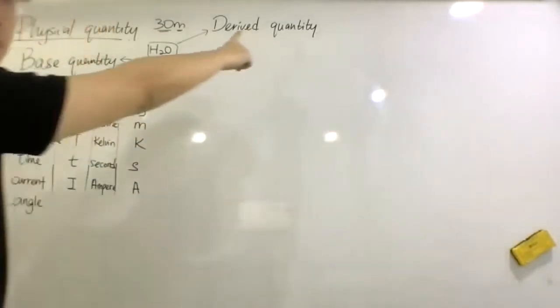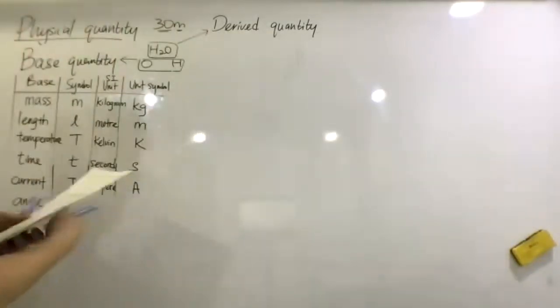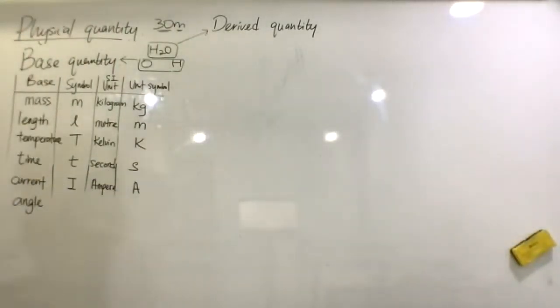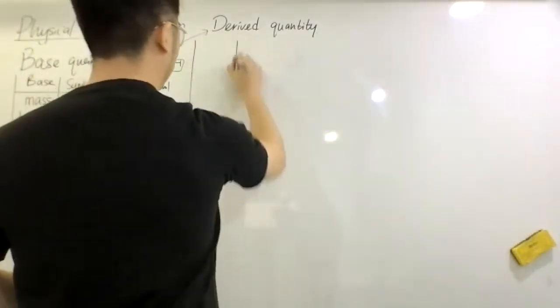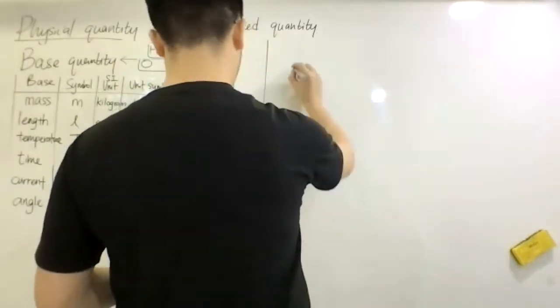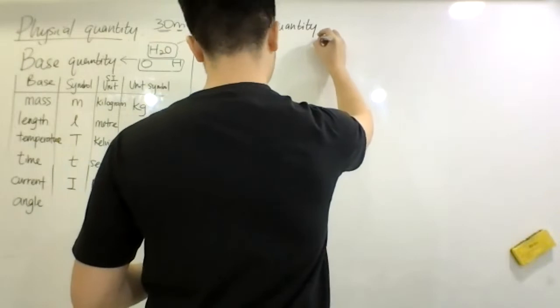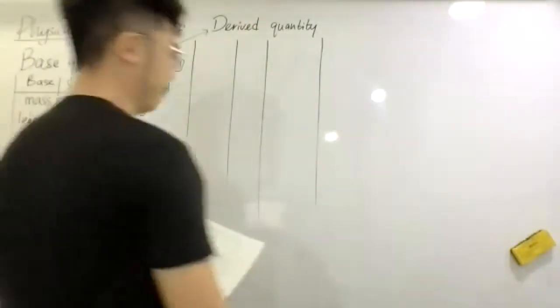Now, let's move to this one, and this is the main focus today. Derived quantity. All right. Here again, we will create a table. You can do the same with me, and then you write down all the unit later.